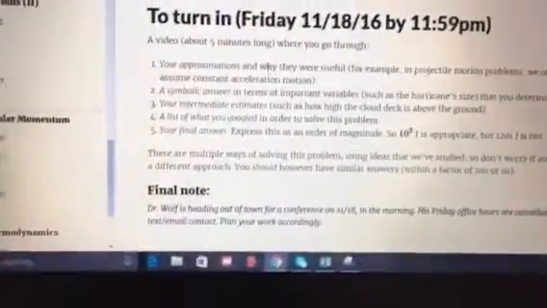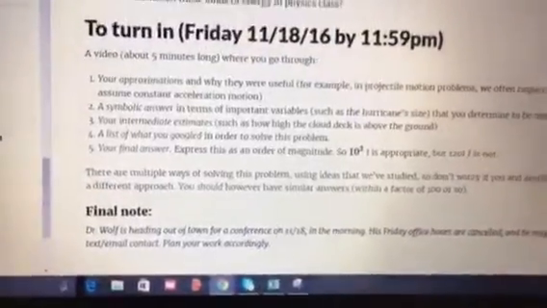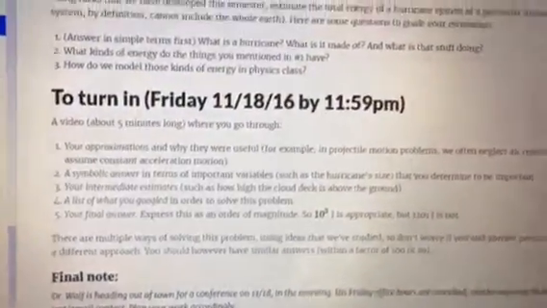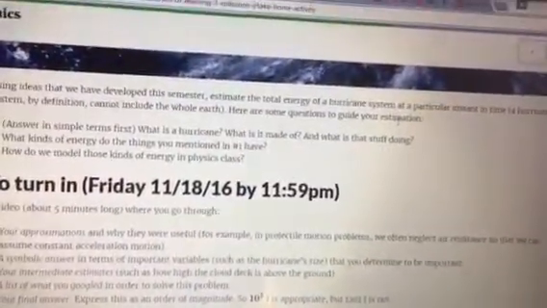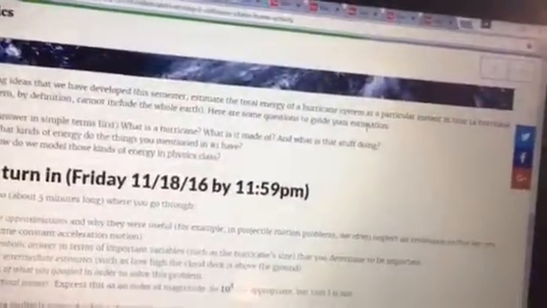And in order to make this value be able to be determined at a particular time, because that is one of the requirements, that you have to estimate the total energy of the hurricane system at a particular instant in time, you multiply that value by whatever time step you want to use.